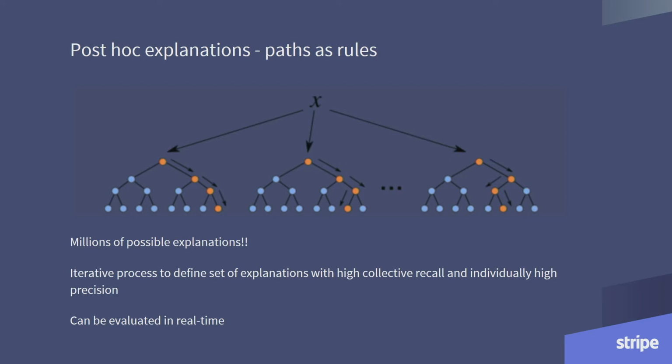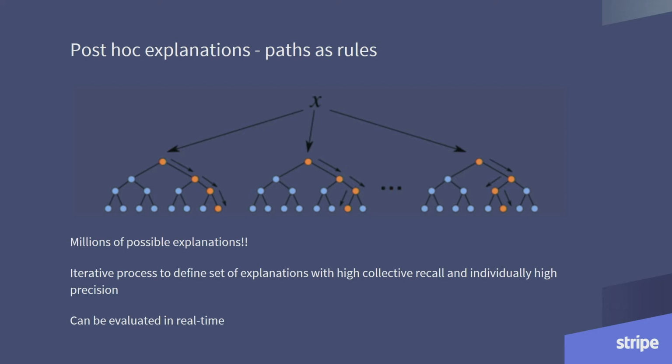The way you can think about this is that if you trace through a decision tree, there are a bunch of different paths that lead to a leaf. And those are composed of a set of predicates, where the predicate is like the true or false statement at each node. Each of those possible paths is a possible explanation. This means you potentially have a large number of explanations if you have a decision tree that is wide or deep.